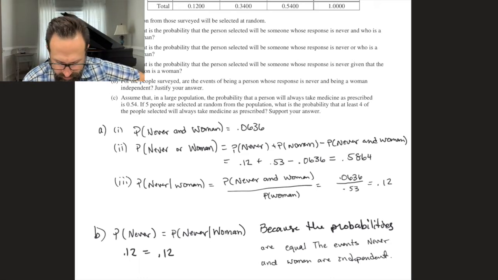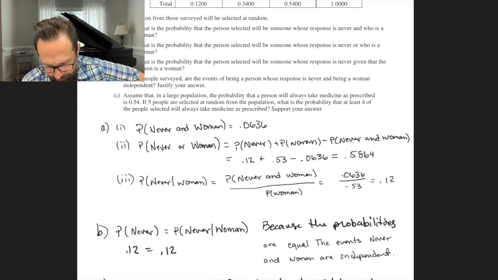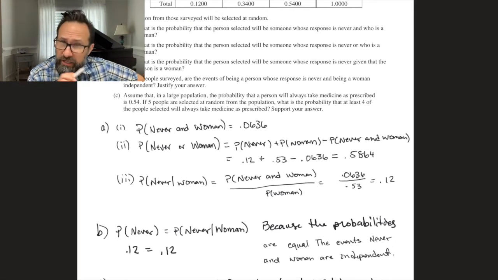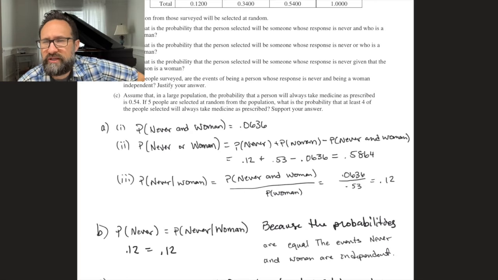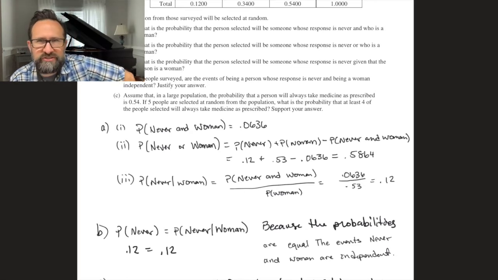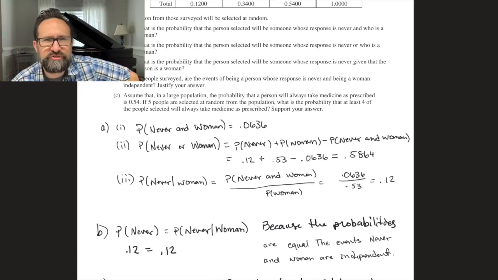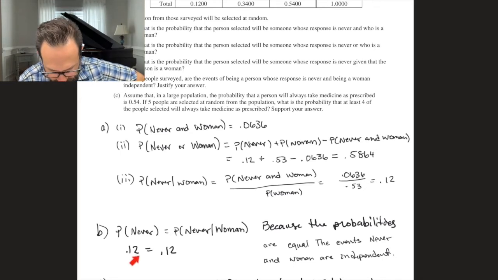I wrote down the formula that we used: the probability of A, or never, equals the probability of A given B. If those 2 are equal, then we know it didn't matter that you looked at a woman. 12% of everyone never takes medication as prescribed. So in that instance, we found that 0.12 is equal to 0.12. We can look up never from the probability up top, and it's 0.12 here.